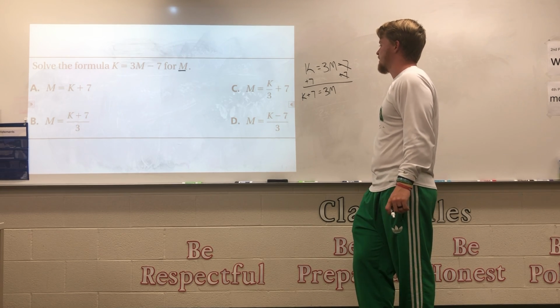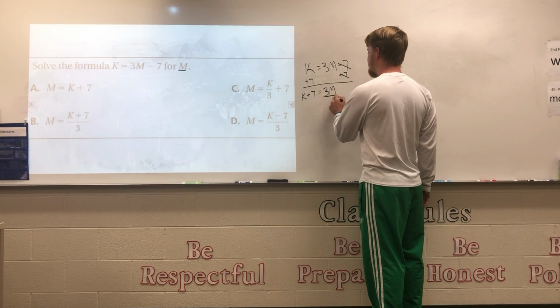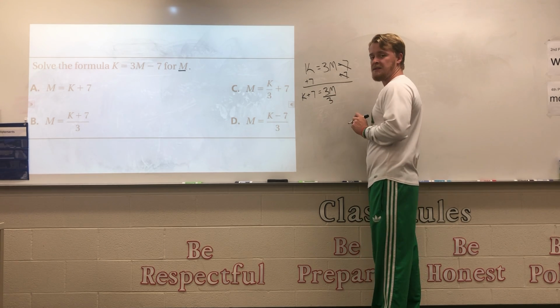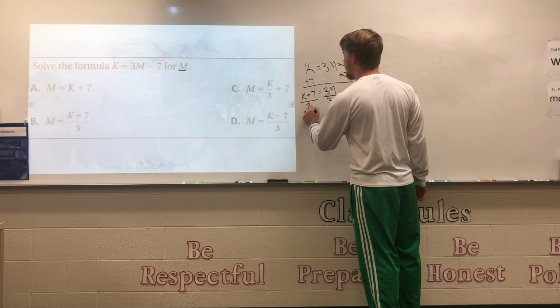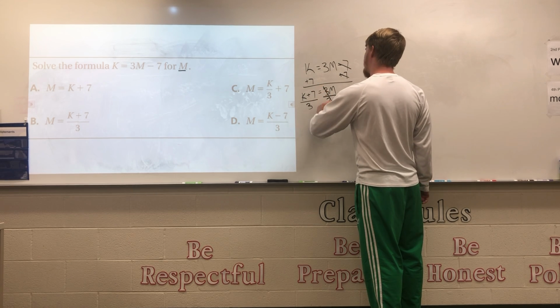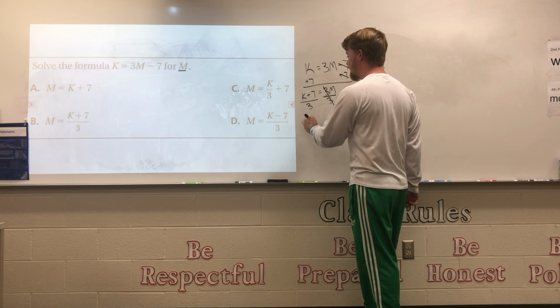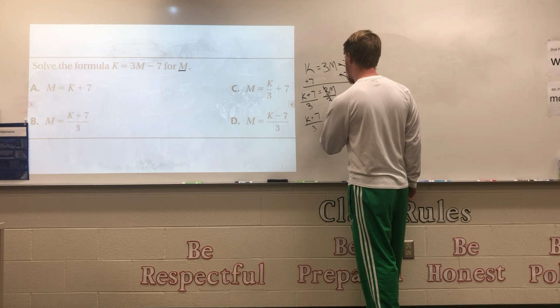Last thing, to get m by itself, we have 3 times m, so we do the opposite, which is divide by 3. If I divide the right side, I have to divide the whole left side, everything over here. So the whole left side gets divided by 3. Those cancel. I can't divide that whole thing by 3, so I'm just going to leave it as it is. k plus 7 over 3 equals m.